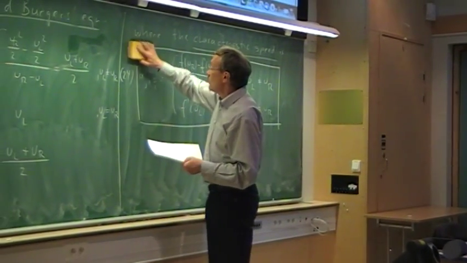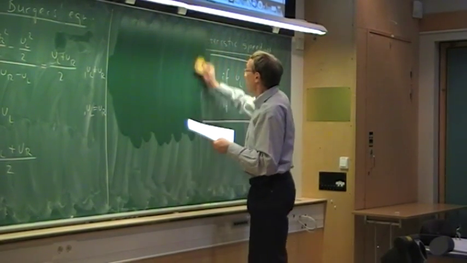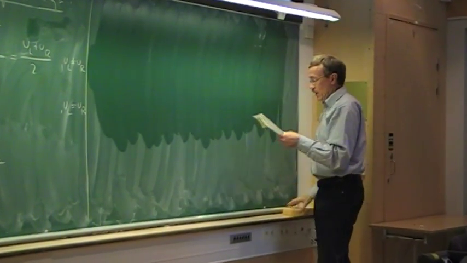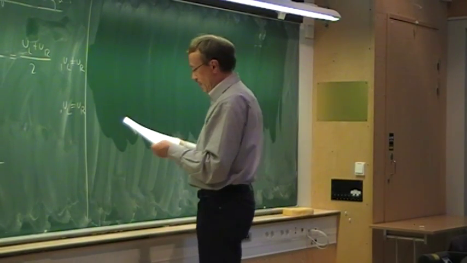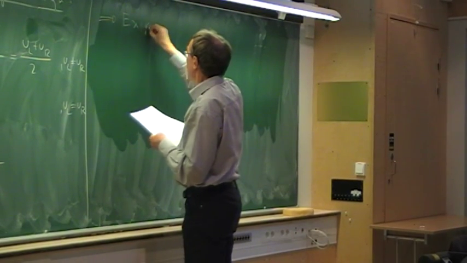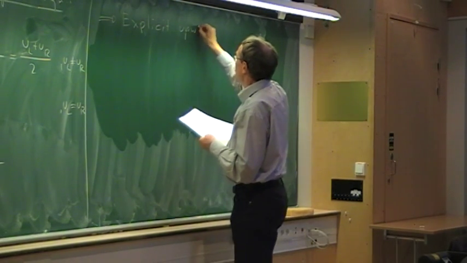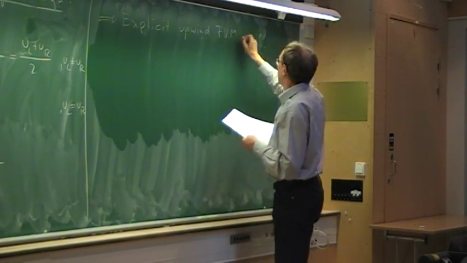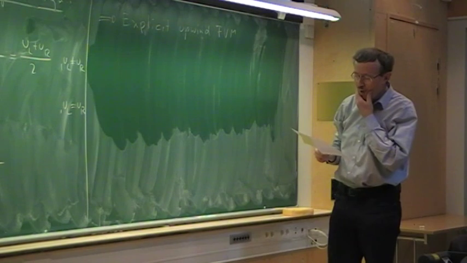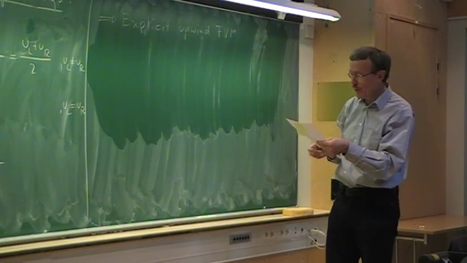And from that then we can get the explicit upwind finite volume method. If we would do it in a general way, we could do it in the following way.